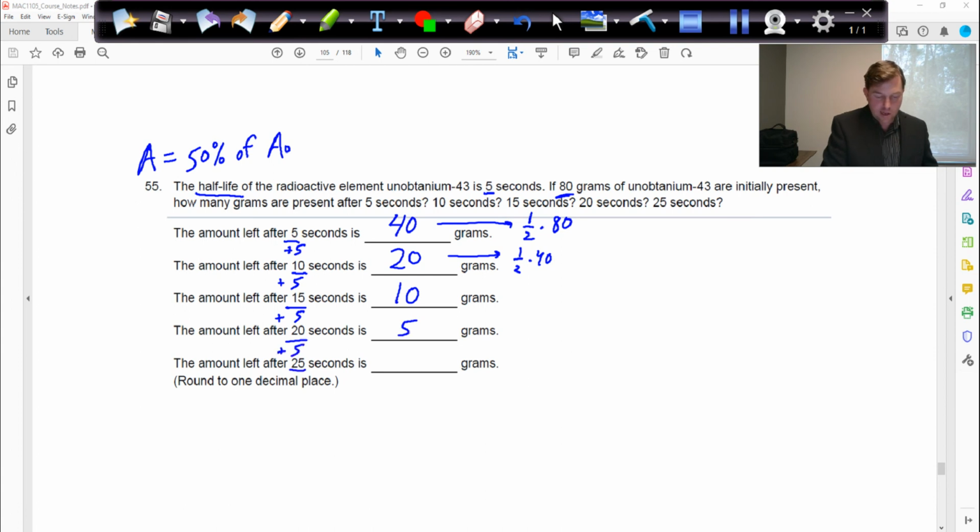Incremented by 5 again, half of 5, 2.5 grams. So this is a quick and easy illustration of a half-life. Every 5 seconds, you just have your numbers: 40, 20, 10, 5, down to 2.5. Shouldn't be too bad. We can do that in our head.